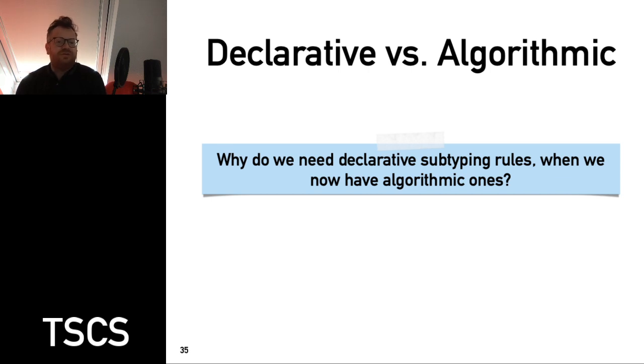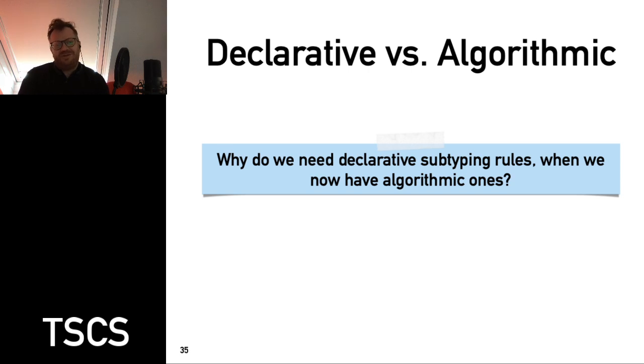Yeah, algorithmic is only for subtyping, but we can have declarative rules for subtyping as well. We started out with these in the last lecture, and we've just shown that they're equivalent. So whenever there is subtyping, then declarative calls algorithmic.